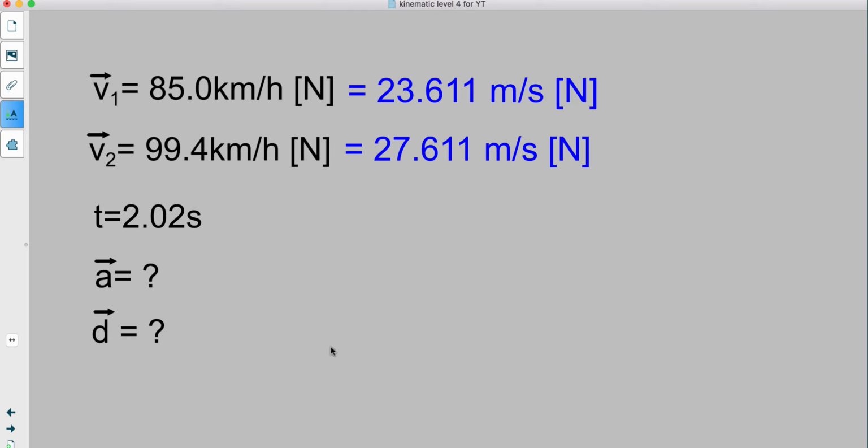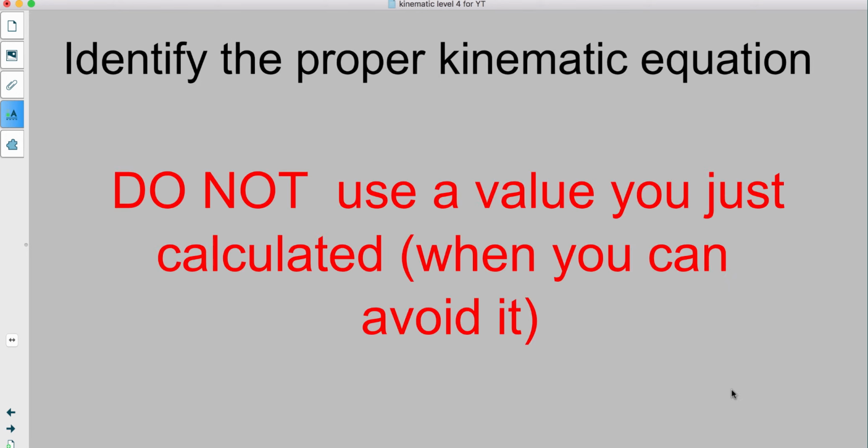Because we have 5 kinematic equations, we're able to calculate displacement not using the acceleration value we just got. So let's identify the proper kinematic equation, and we're not going to use the value we just calculated. So don't use that value if you can avoid it. There will be some questions where you need the number that you calculated to solve the second part of the question, but in this case we don't.